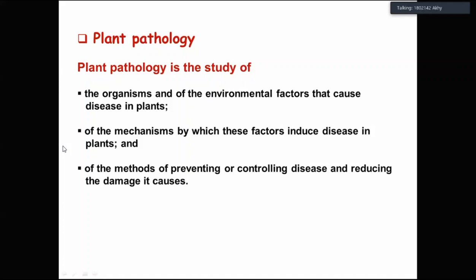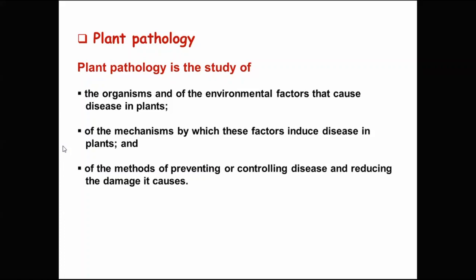Plant pathology is the scientific study of disease in plants caused by pathogens and environmental conditions. Okay, so three things. Even you don't need to recite the poem like this. Just three things you need to recap.